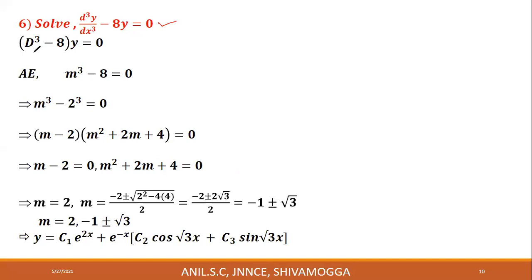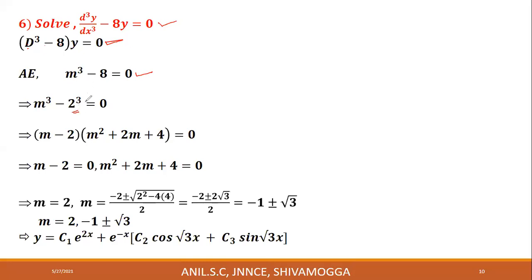This can also be written as d cube y divided by dx cube is D cube of y, minus 8y, minus 8 into y is equal to 0. Now write its auxiliary equation. M cube minus 8 is equal to 0. This 8 can be written as 2 cube.